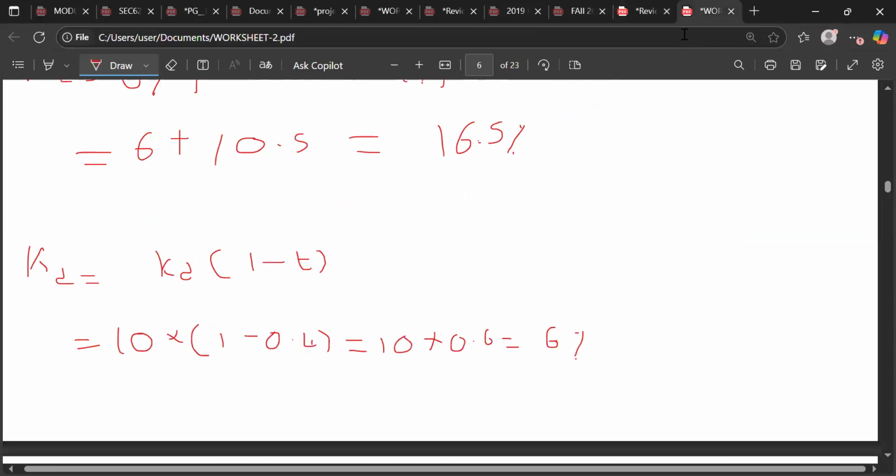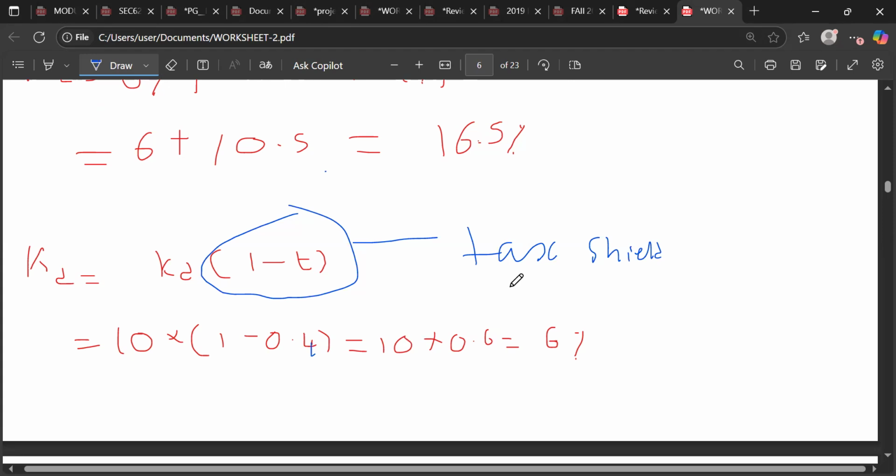So we multiply by our tax shield, which reduces the cost of debt you're actually paying. Instead of paying 10% interest, we're now going to pay 6%. So we're saying 10 times 1 minus the corporate tax rate, which was given as 40%. So 1 minus 0.4 is 0.6, and 10 times 0.6 gives us 6% here.